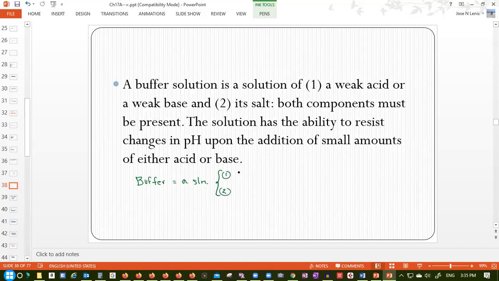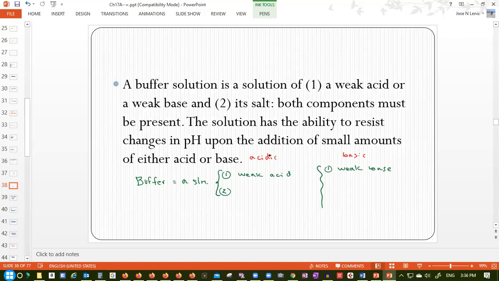First, it must contain a weak acid, or a weak base. So right now, we realize that there are two types of buffers, an acidic buffer or a basic buffer.